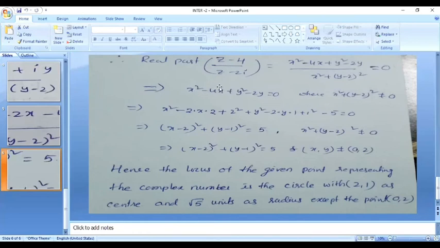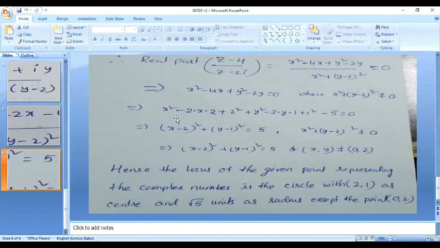Okay, observe here x square minus 4x and y square minus 2y. x square minus 4x can be written as x square minus 2 into x into 2. This is a square minus 2ab, plus something, that is b square, to make a square minus 2ab plus b square. We have one formula, that is a minus b whole square. That's why we have to add 2 square here. Why?